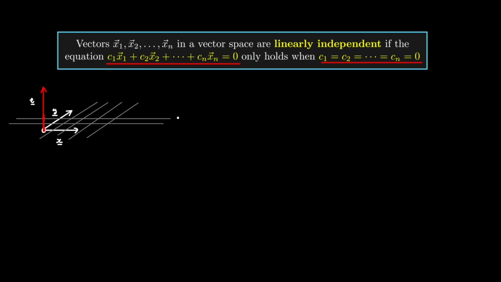And that's what linear independence is going to mean for these 3 vectors. Firstly, that the x and the y form a plane, and secondly, that z does not lie on that plane. Okay, so for these 3 vectors, we say that x, y, and z are linearly independent.